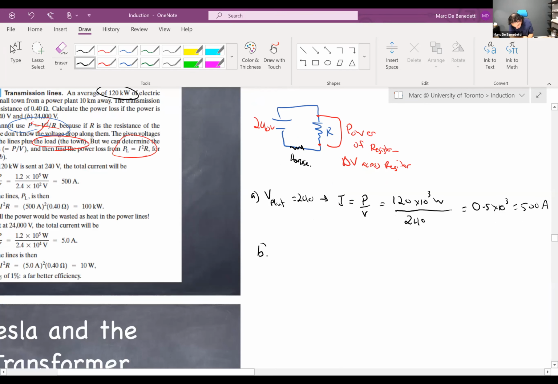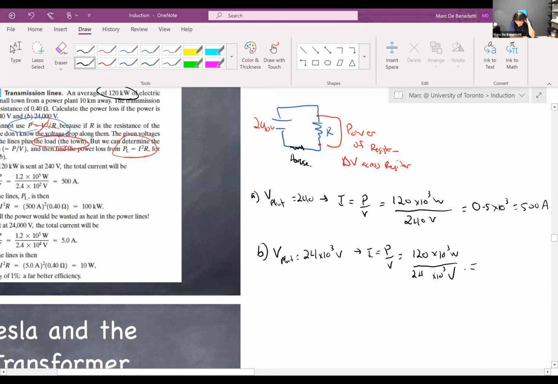For B, if the voltage of the plant equals 24 times 10 to the 3 volts, 24,000 volts, then the current is going to equal P over V, which is 120 times 10 to the 3 watts divided by 24 times 10 to the 3 volts.